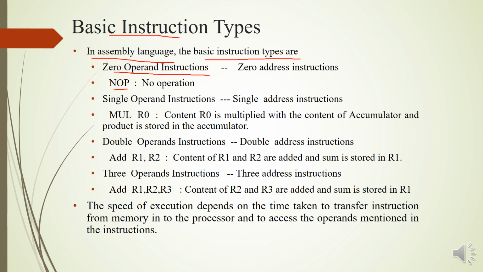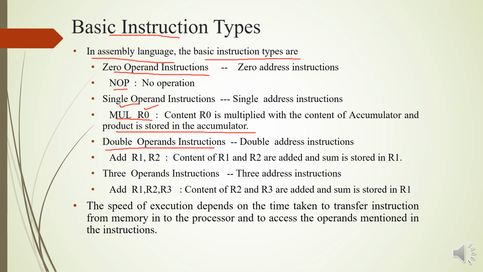Single operand instructions, the single address instructions. Mul R0. It is a single operand instruction consisting of mul as the opcode and R0 as the only operand. Here the content of R0 is multiplied with the content of the accumulator and the product is stored in the accumulator. In many processors, there will be a specific register treated as the accumulator.